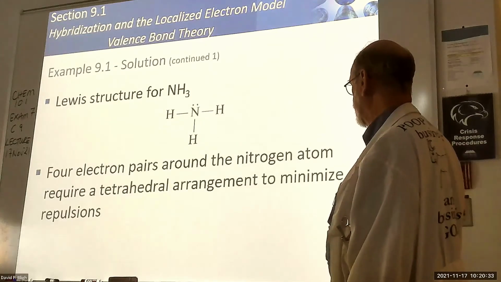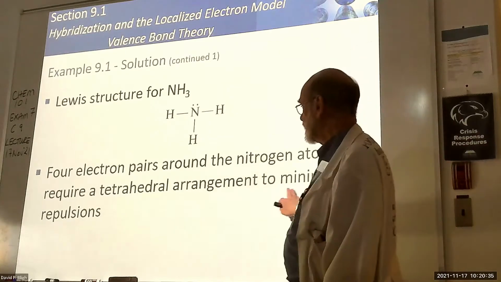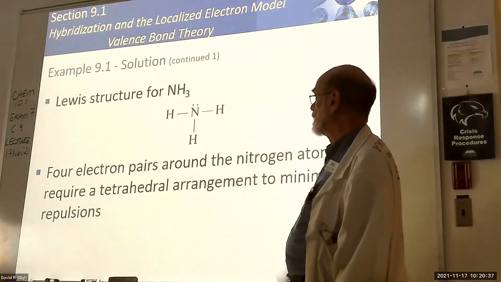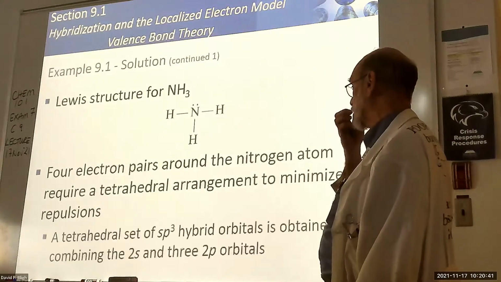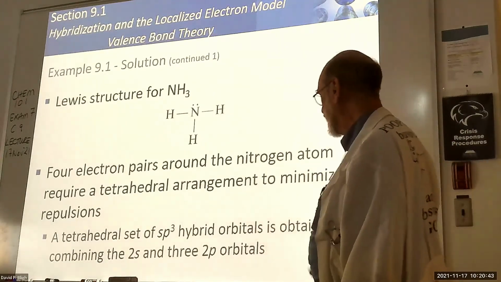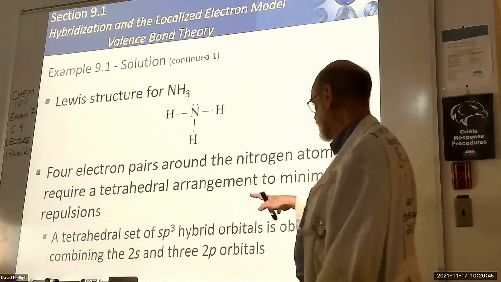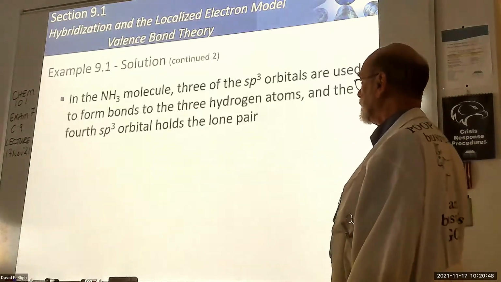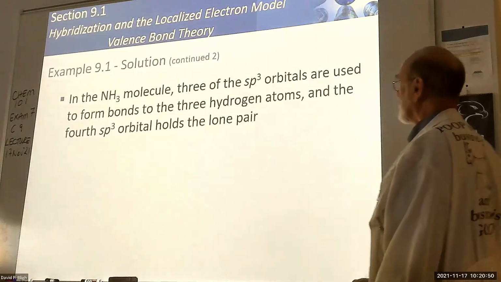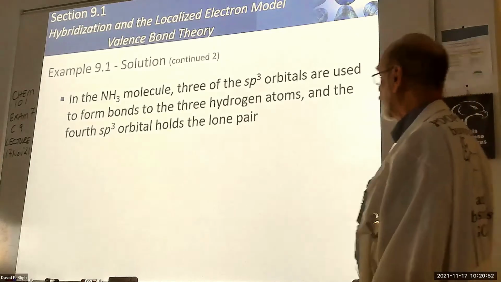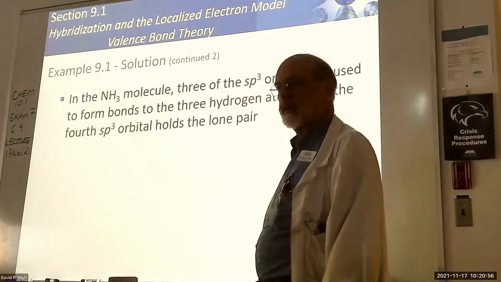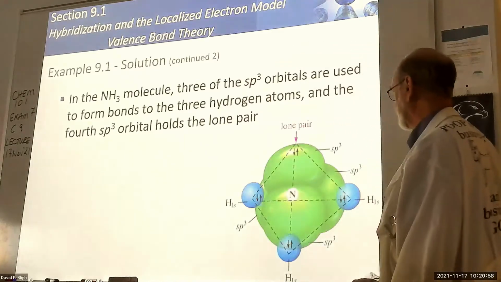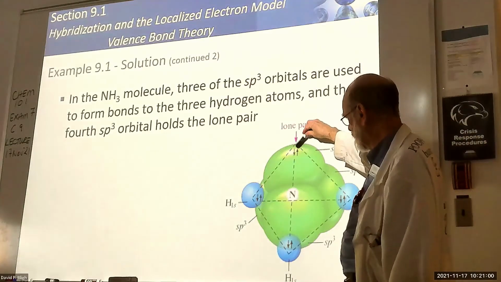The tetrahedral arrangement minimizes repulsions for all the lone pair electrons and the bonding electrons. And we need an sp3 hybridized orbital to give us that structure. So 3 of these are used to bond, and a 4th one is used for the lone pair. So here's our lone pair.